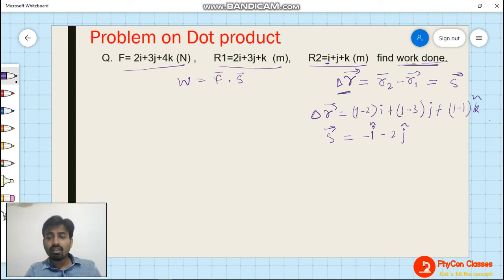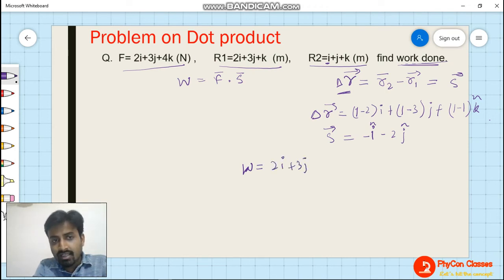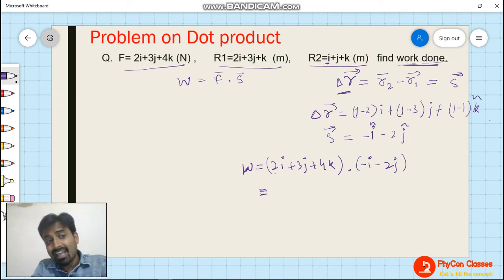Clear? Now how to find the work done? Work done is equal to F, meaning 2i plus 3j plus 4k, dot product with minus i minus 2j. Clear? So here what was the formula? ax bx plus ay by plus az bz.